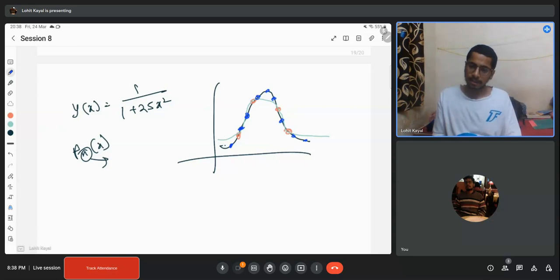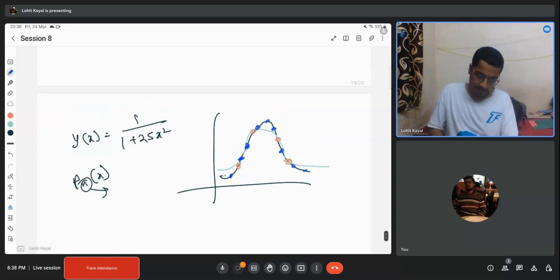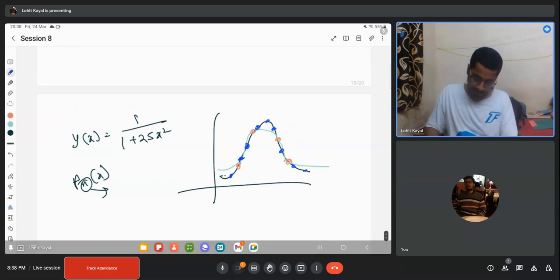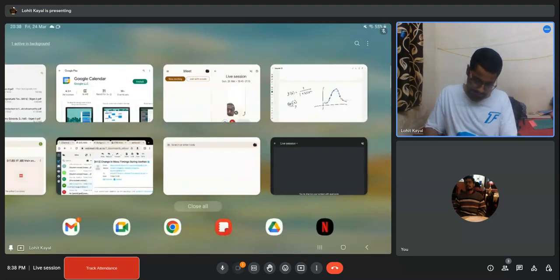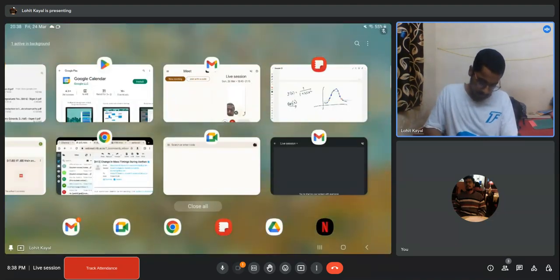In this kind of situation, we need to consider spline interpolation, where we deal with piecewise data, not the entire data field. But before going into that, let us first see the animation. This is an interesting animation. Just a moment.